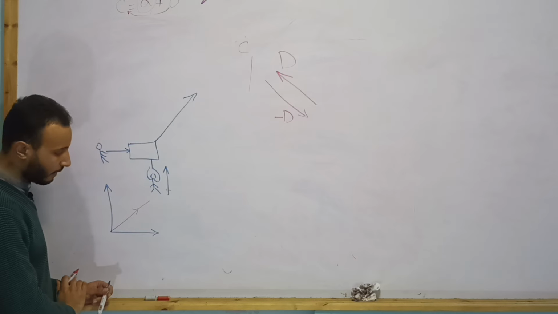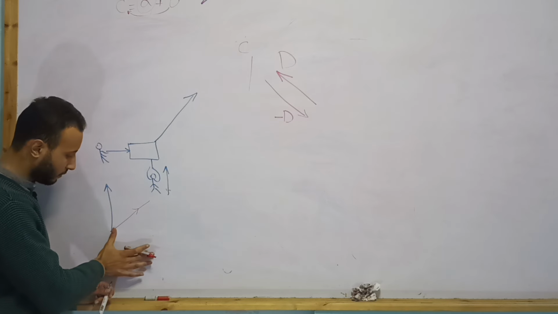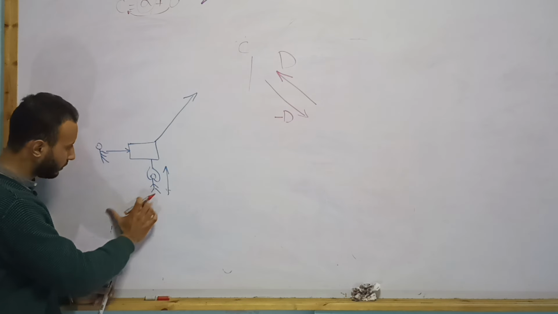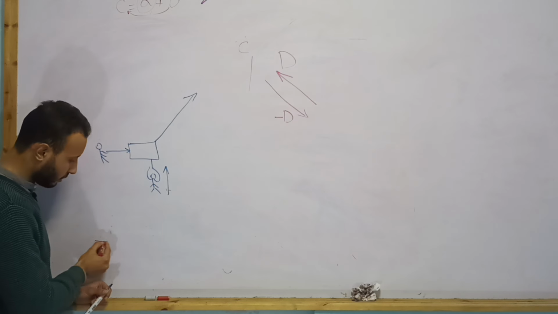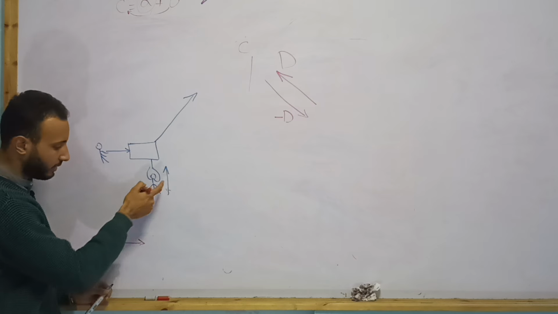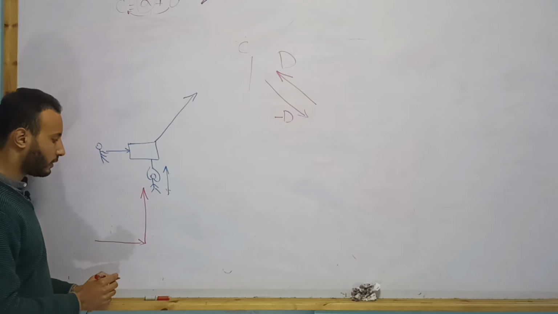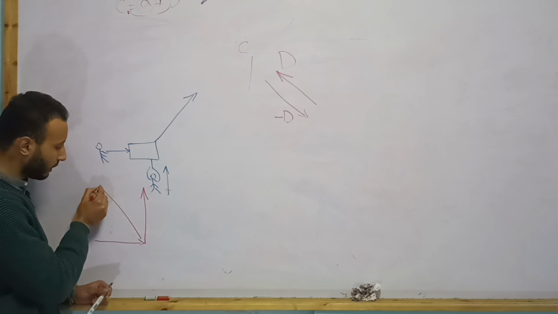Or you can write it like this: the first vector was like this one, and the second vector like this. Or you can get this one and put it here, so the resultant is right here.